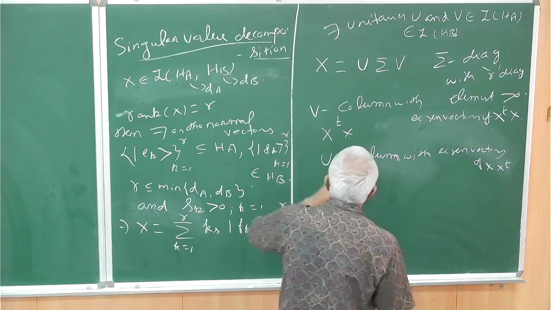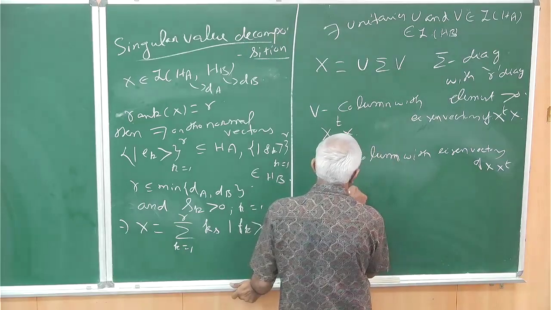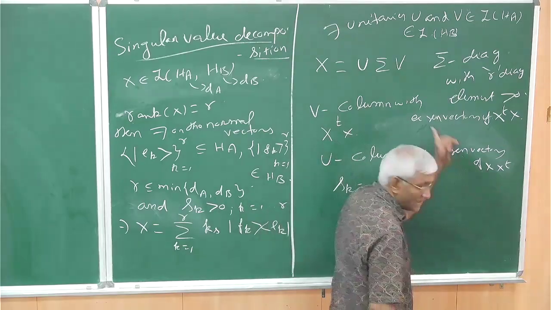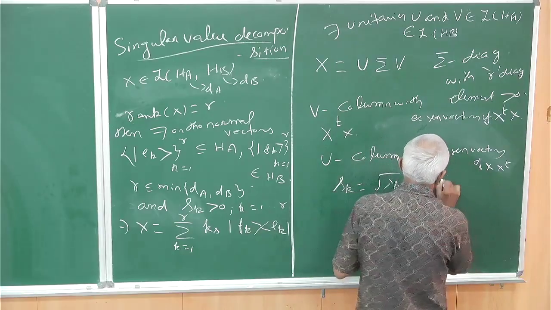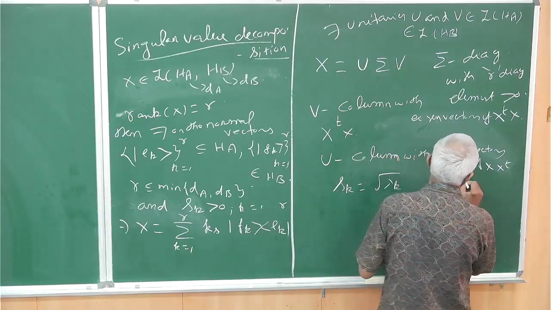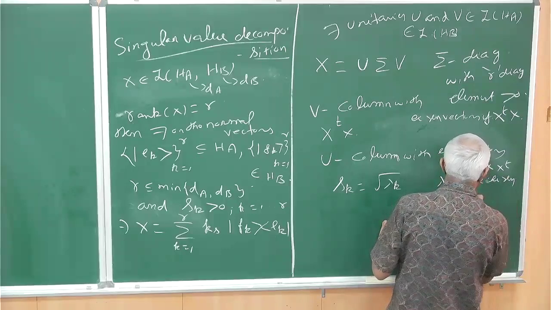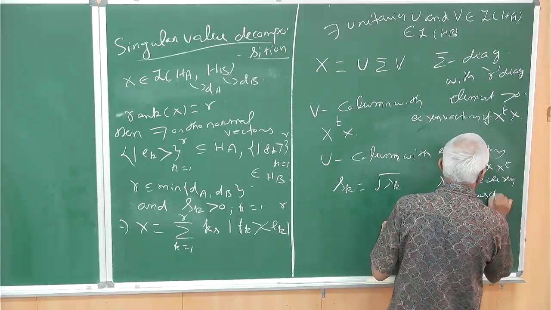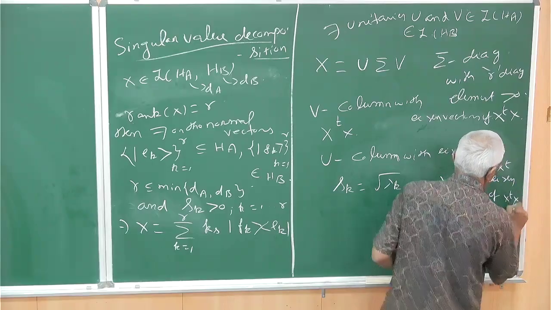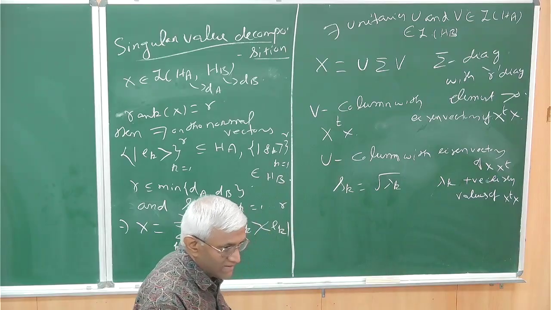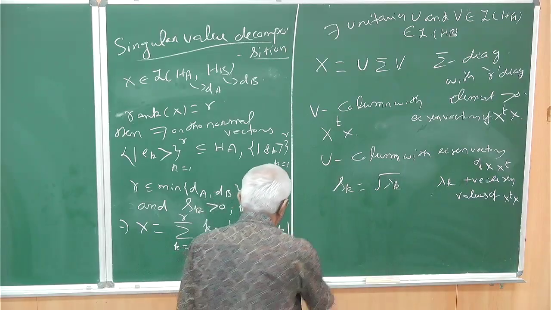And then this Sk is equal to square root of lambda k, where lambda k are the positive eigenvalues of this X transpose X. Okay, if you substitute that, you will get that. So this is one way of saying that.